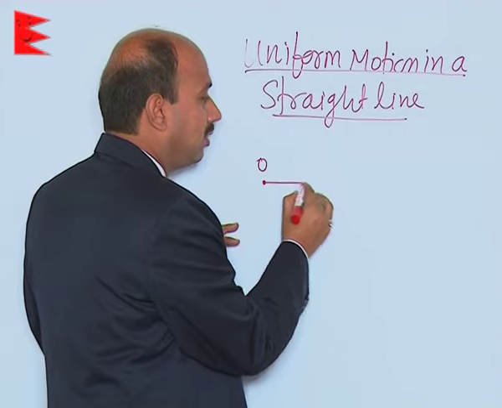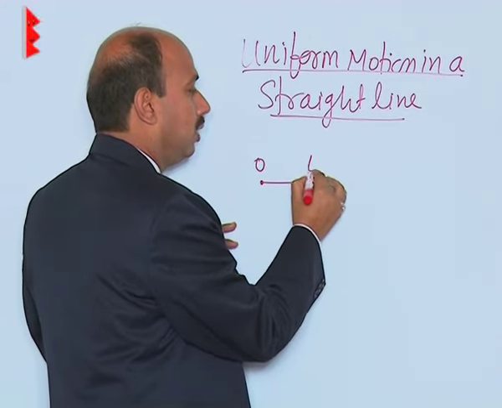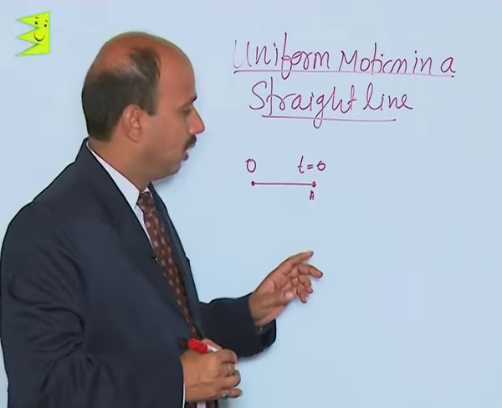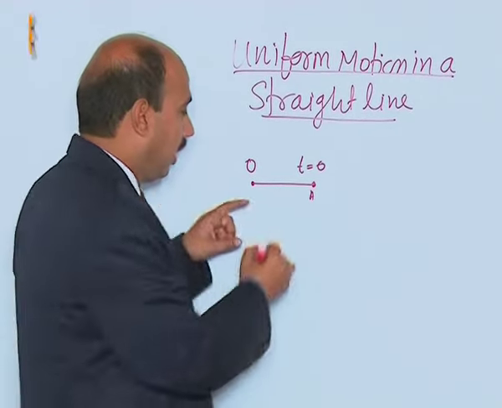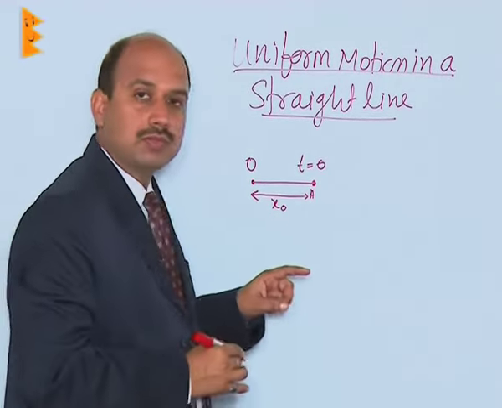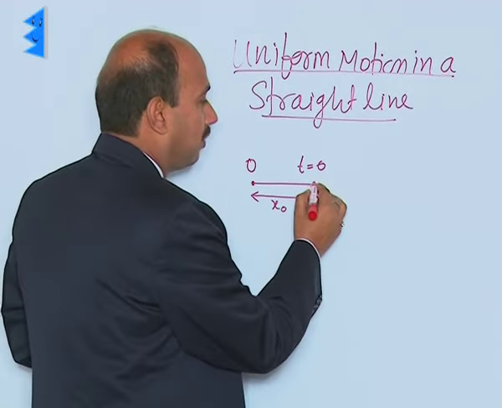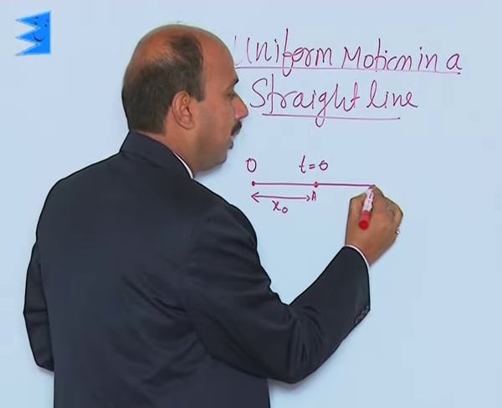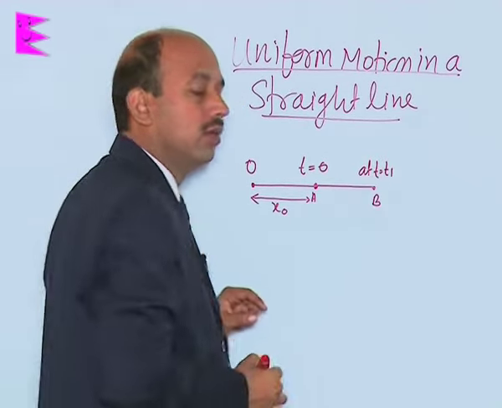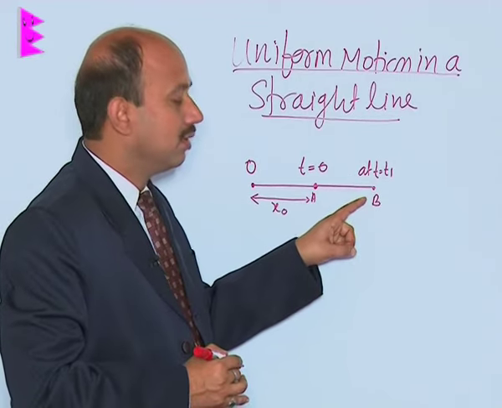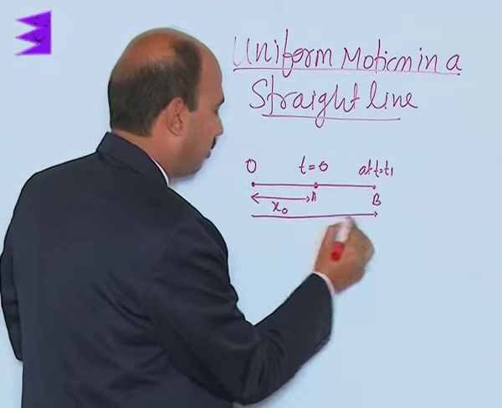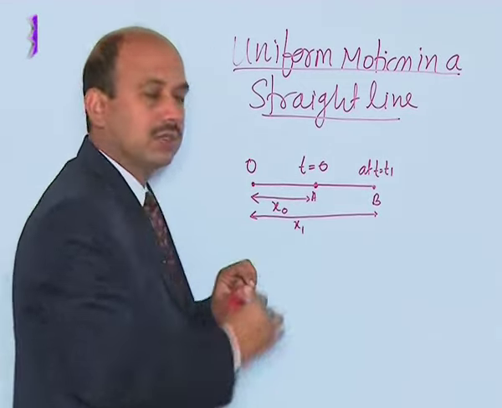Now, at t equal to 0 the body is at A, and initial position from the origin is x naught. Now, after some time the body is coming to the point B at t equal to t1. So, in t1 time the body has reached the point B, and its position has changed from x naught to x1 from the origin.